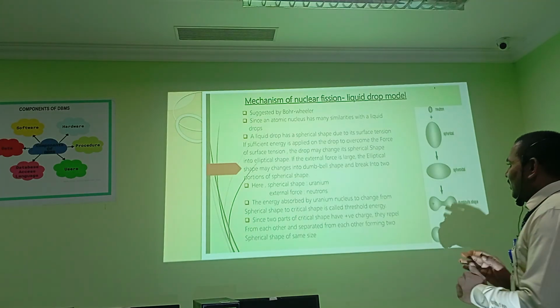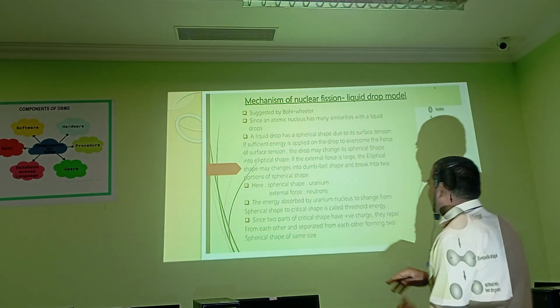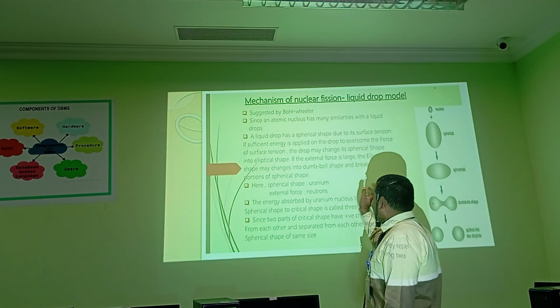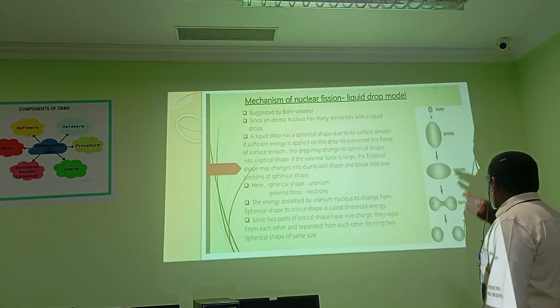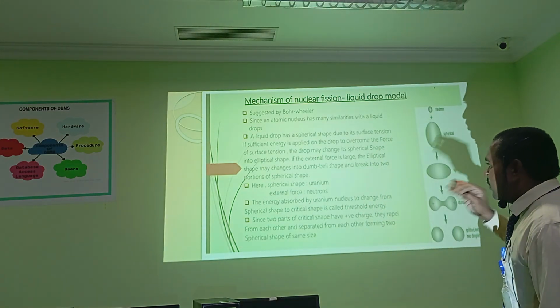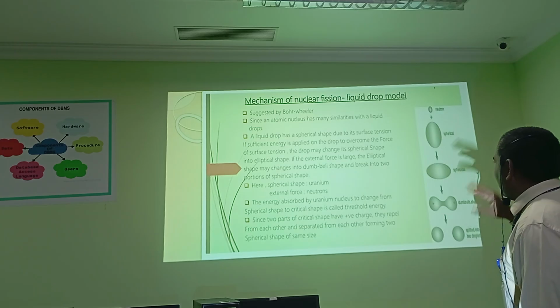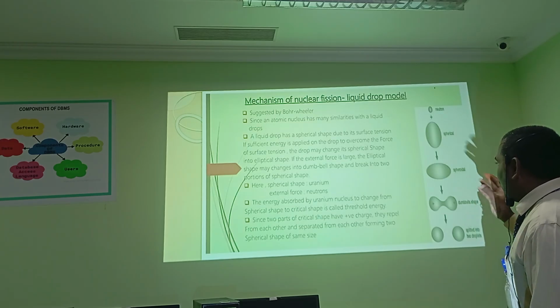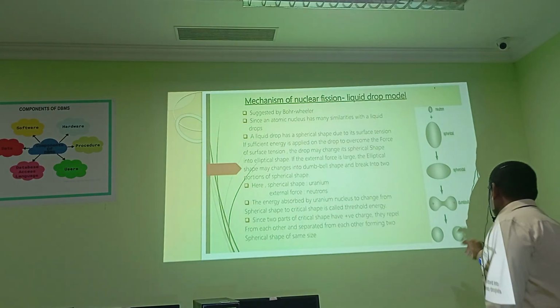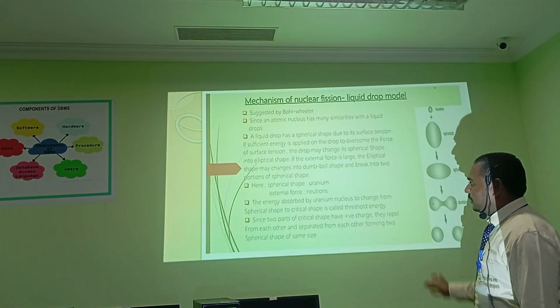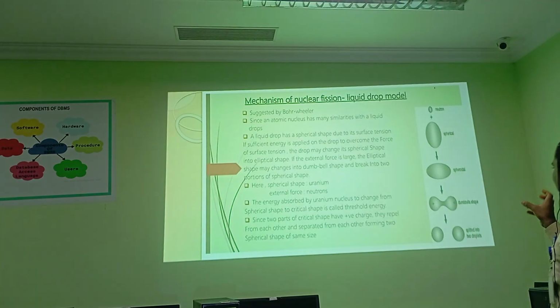That is the cyclic pattern. The spherical uranium has an external force added by neutrons, breaks up, and separates into atoms of the same size.